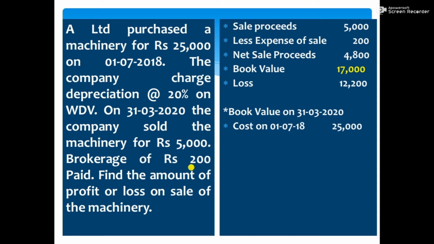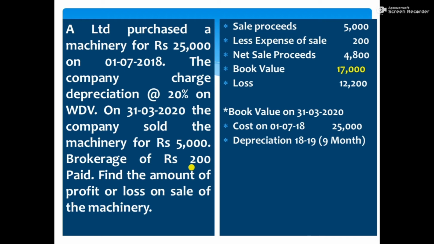The asset was purchased on 1/7/2018. Therefore, we have to compute the depreciation for 1 year and 9 months. Our depreciation method is written down value method. The cost of the asset is 25,000, purchased on 1/7/2018.